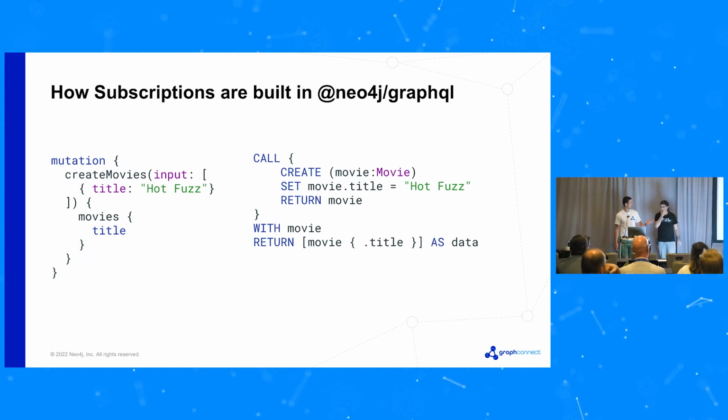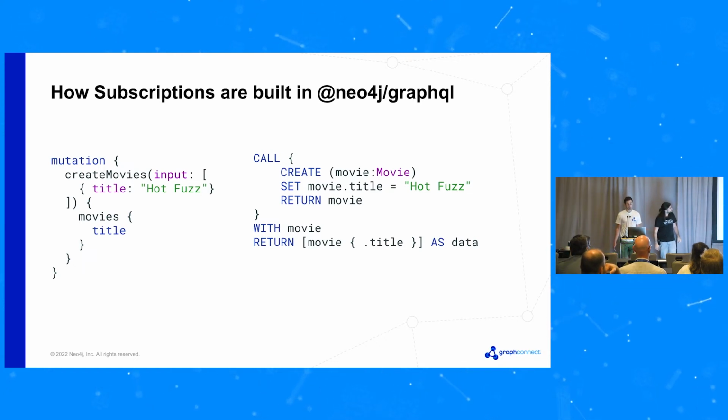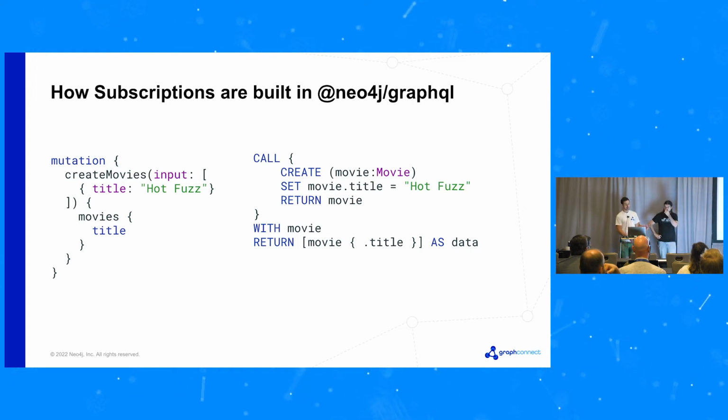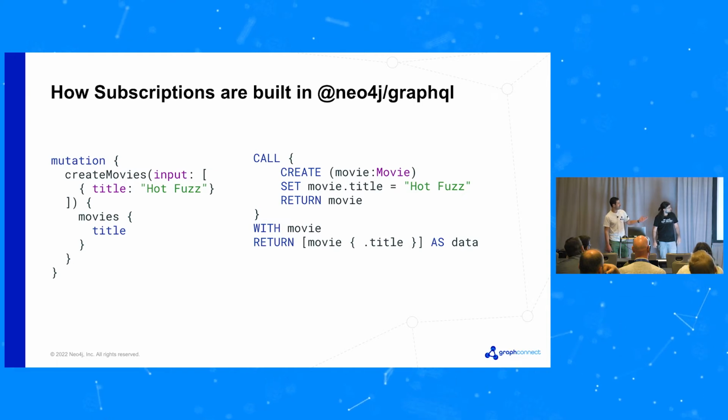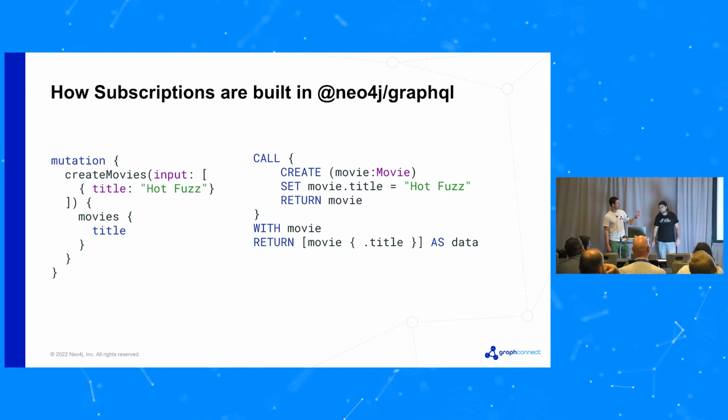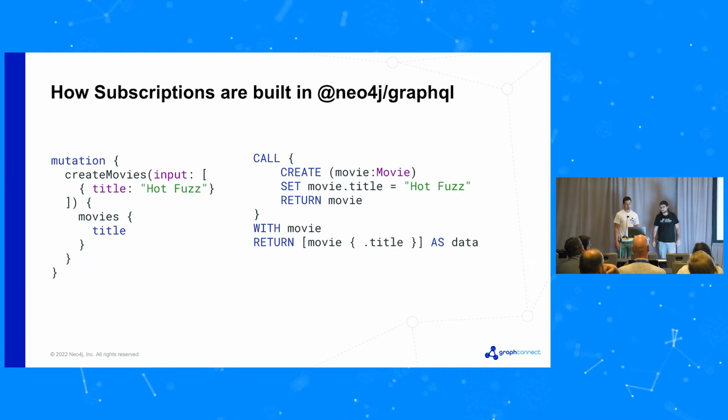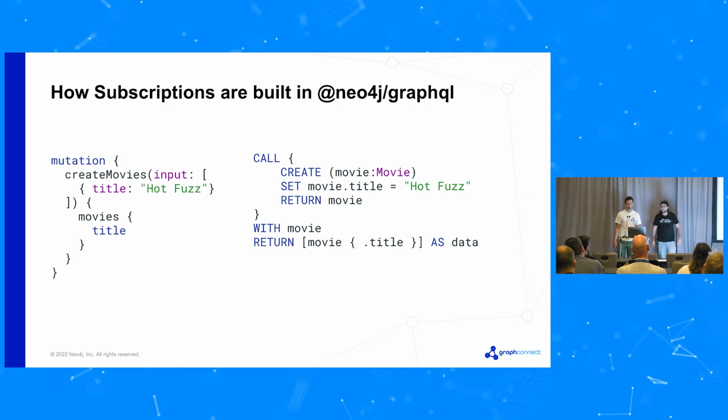We're going to create a movie for Hot Fuzz, and we're going to get the movies and the title back. So you can see on the right, this is the translation that was happening before subscriptions were added. We have a nice little subquery. We're running a create of movies. We're going to set the title to Hot Fuzz, return that movie, and then there's a nice projection at the end to just return the movie and that title as the data that's going to be returned to the clients.